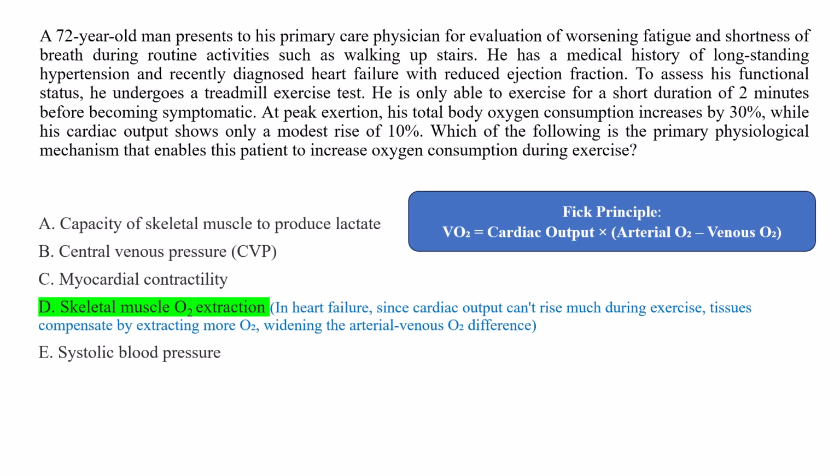The correct option here would be D, and this lies on the concept of the Fick principle, in which the amount of oxygen consumed by tissues is equal to the product of the cardiac output and the arterial venous oxygen content difference. In heart failure, since cardiac output can't rise much during exercise, tissues compensate by extracting more oxygen, widening the arterial venous oxygen difference.